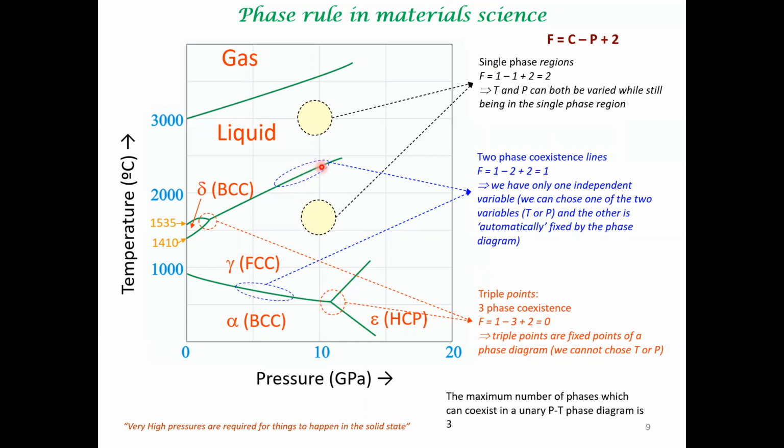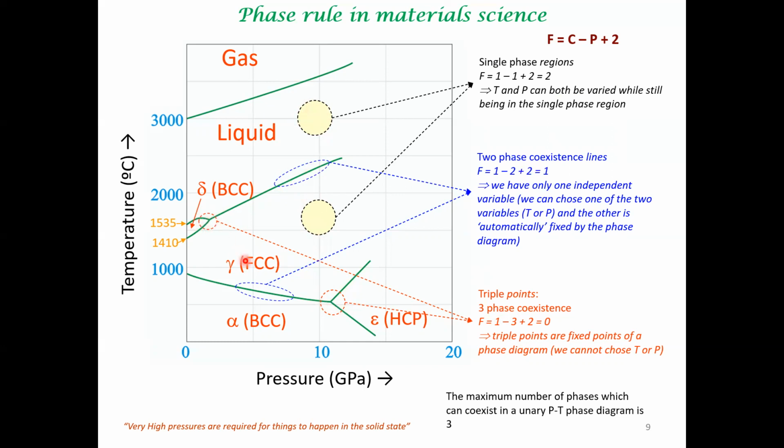I have a coexistence region in a single phase region. I have a coexistence line in a two-phase region. I have a coexistence point if I have three phases in equilibrium. So I can have three different phases in equilibrium at this point.